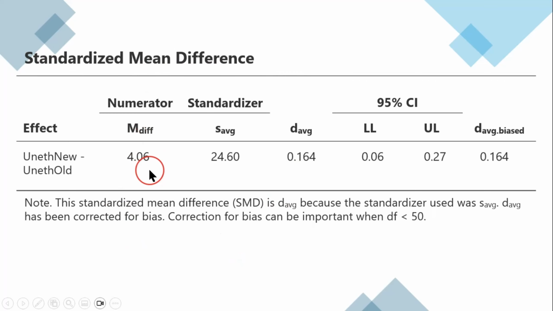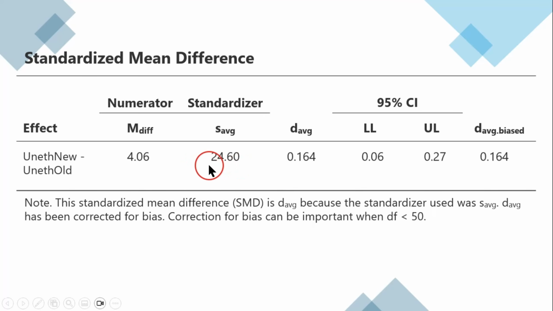So there's our 4.06. That's the mean difference in terms of the ratings from 0 to 100 as far as the ethicality of the headlines. And then we have the SAV, and that is just the average of the two standard deviations from each group separately.